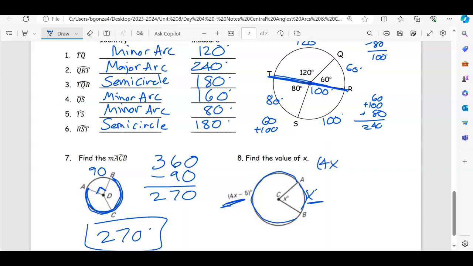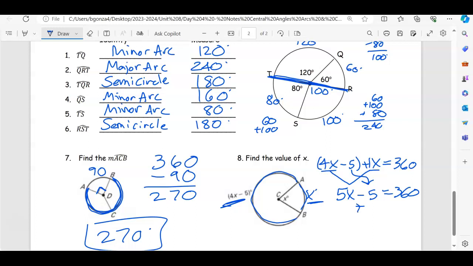So 4x minus 5 plus x equals 360. Could you solve that equation? Yeah, you can. You got 2 x's on the same side. You're going to combine like terms. 4x plus 1x is 5x. Bring down minus 5 equals 360.